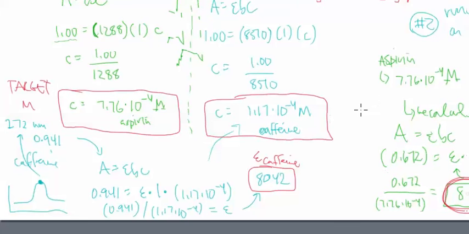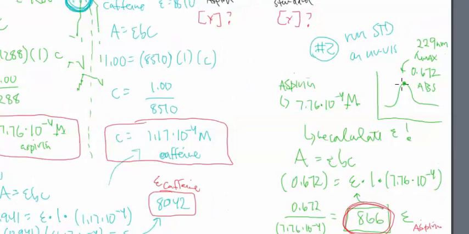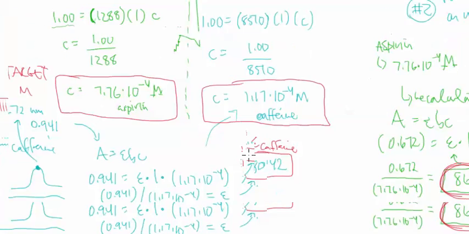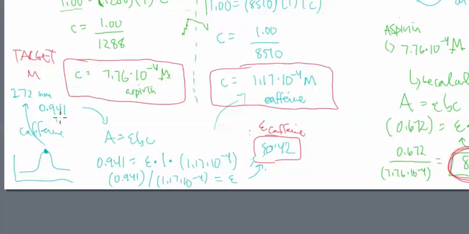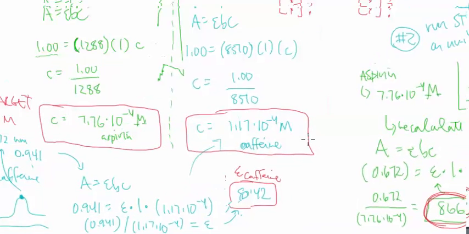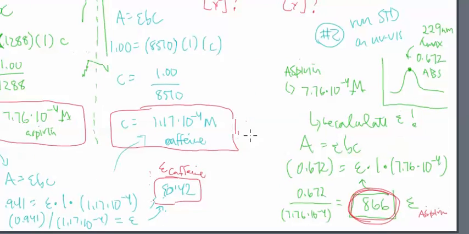This gives me some data analysis. I get the lambda max for my first component and the absorbance, and I get the lambda max for my second component and the absorbance. I then use that absorbance and my target molarities that I made to calculate the true molar absorptivities that I will begin using for the problem to analyze this mixture.